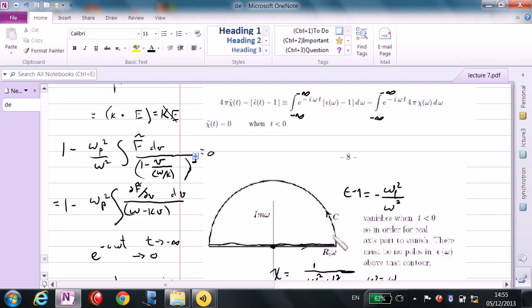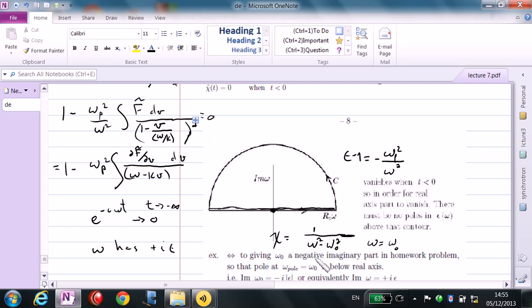It doesn't matter. You always have modulus 1 for e to the power minus i omega t, and the remaining factor is falling faster than 1 over omega. And the total path length is proportional to omega. Oh, yeah, because of the 1 over omega squared in the denominator. Yes. Right.